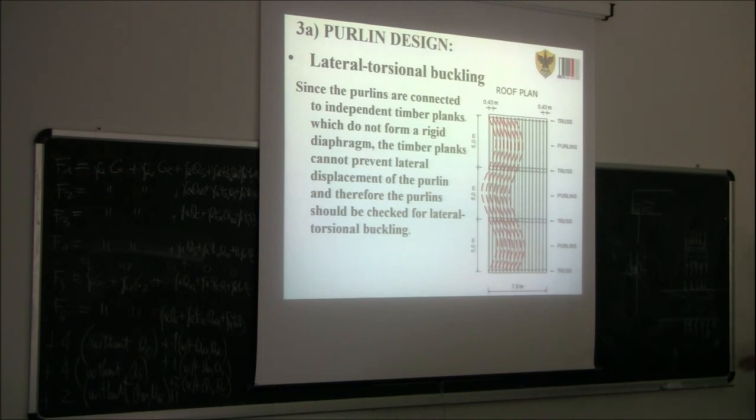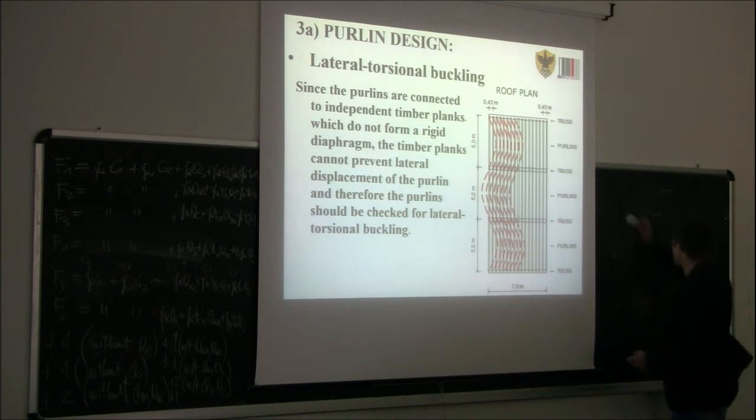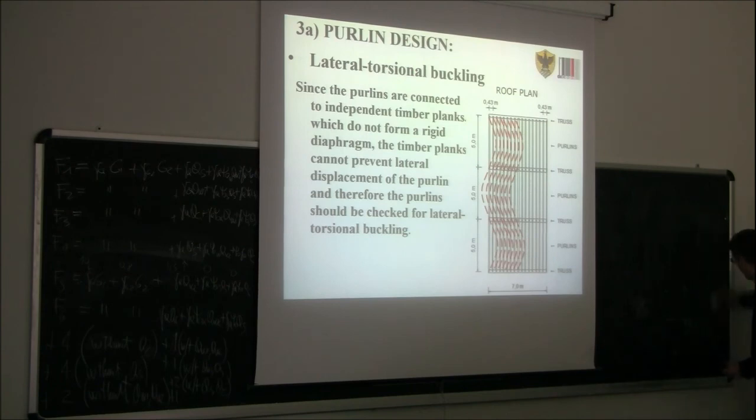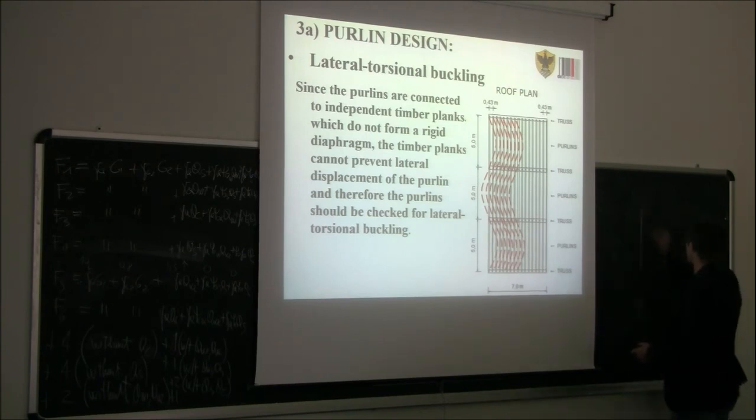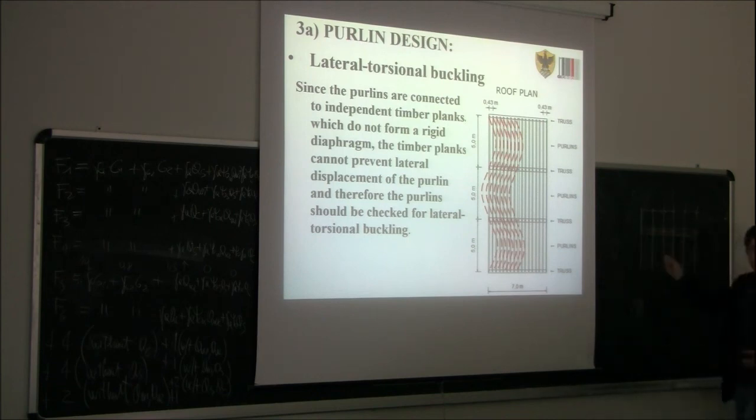Why would they buckle? Because these boards, as I said before, are narrow. So here you have, for example, one beam, another purlin, and so on. Those planks act as a pin element. Why as a pin element? Because they are narrow and they have small nails.